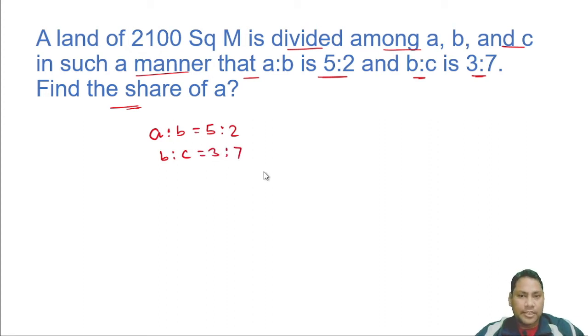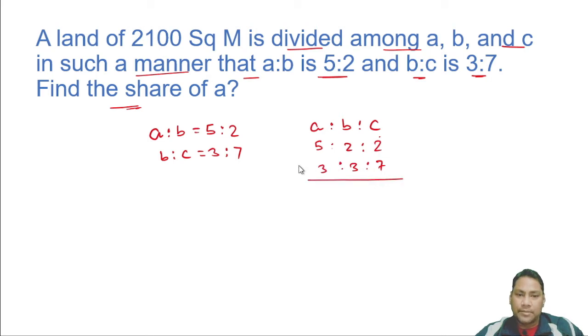First of all, we will take out the value of the combined ratio, that is A:B:C. For this, we will first write it like this, then we will put the values of A and B, that is 5:2, and the value of B:C is 3:7.